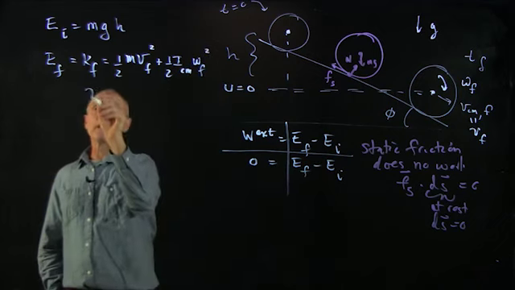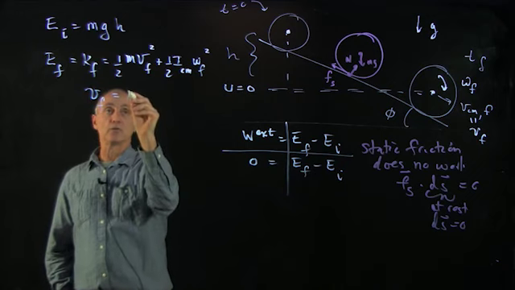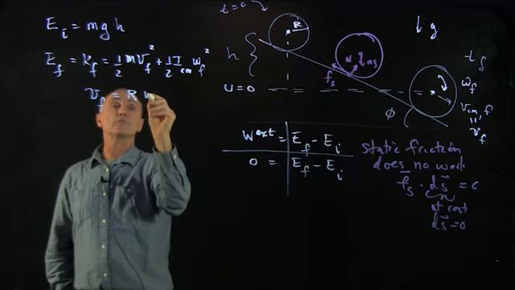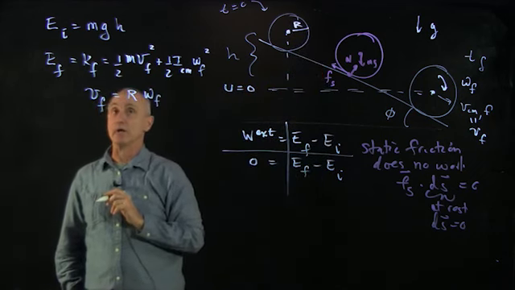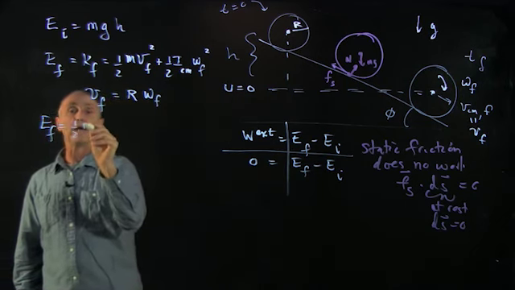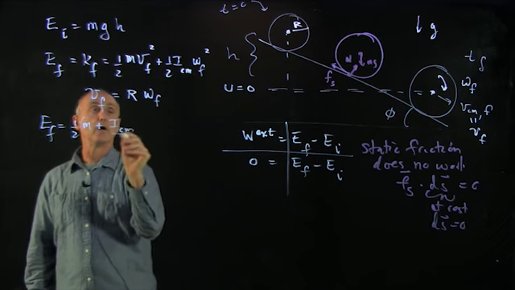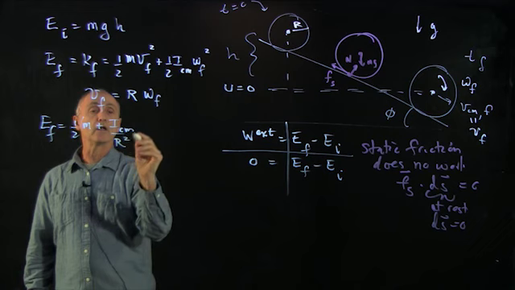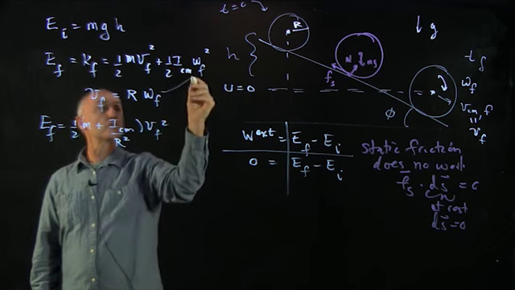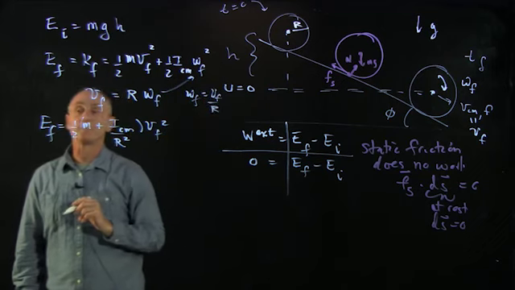Now, the rolling without slipping condition is that the translational center of mass speed is equal to the radius of the wheel, r, times the angular speed, omega final. So I can write E final as 1/2 m plus I_CM over r squared times v final squared, where I'm just replacing omega final equals v final over r.